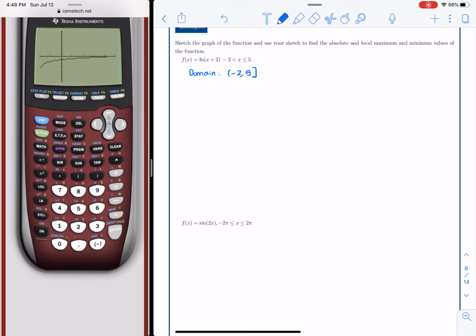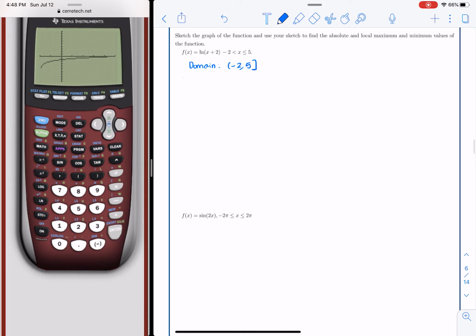So I get a graph of that sort, and it is going to approach 0. We can zoom this, but it's not going to go anywhere past a positive number. So what happens at x is equal to negative 2?